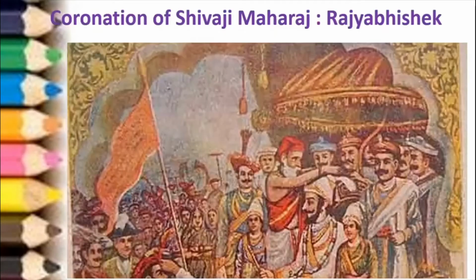For example, one such event is the coronation of Chhatrapati Shivaji Maharaj. So when Chhatrapati Shivaji Maharaj was coronated, that is when he was declared as a king, from there a new era began, which was called the Rajyabhishek Shaka.